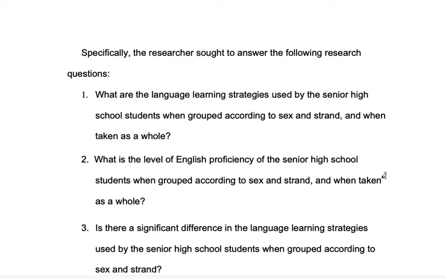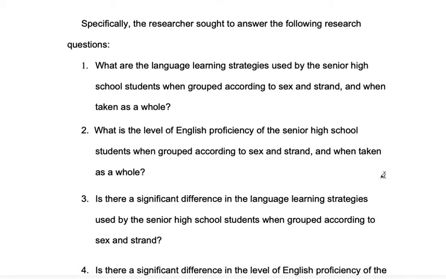Take note that you have also written your results and discussion in accordance with the research questions, meaning research question number 1 comes first, followed by research question number 2, and so on. This same order is used in writing the conclusions and recommendations. So you enumerate the results and conclude per research question.